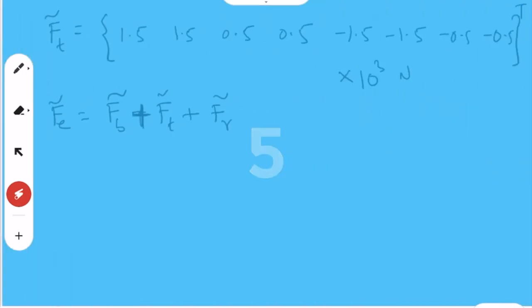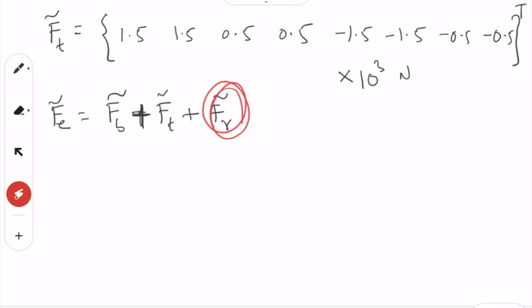The reaction forces, for example Fr, will be here, here and here, and all the others will be 0. Fb is 0, Ft has some value everywhere, while Fr has reaction forces here, here and here only.